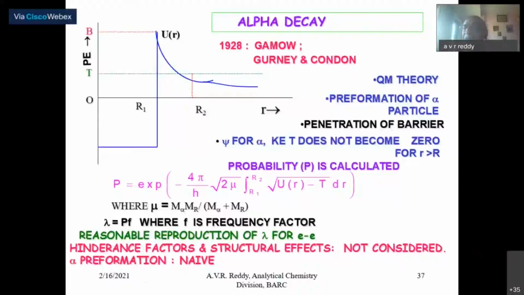But nevertheless, it explained. So later, after conceiving this idea, they used quantum mechanics to arrive at the probability for penetrating. And from there, they used a frequency factor which is related to the lambda, and most of the half-lives were reproduced in the case of even nuclei.